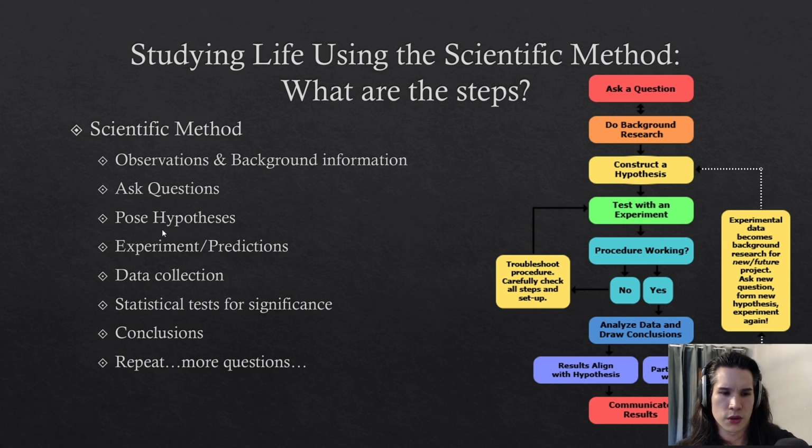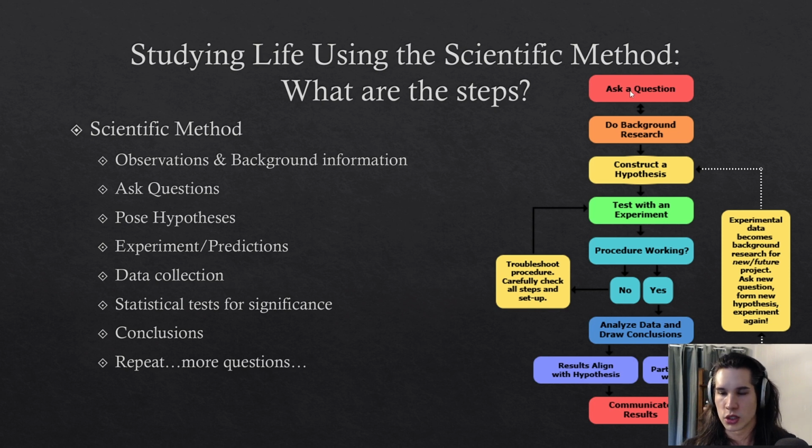Then you create an experiment to test your hypothesis. As you're creating that experiment, you pose predictions for what might happen within the experiment. Then from that experiment, you collect data. Then you run the statistical tests to test for significance, and then you draw conclusions. You either accept or reject your hypothesis in your conclusion.